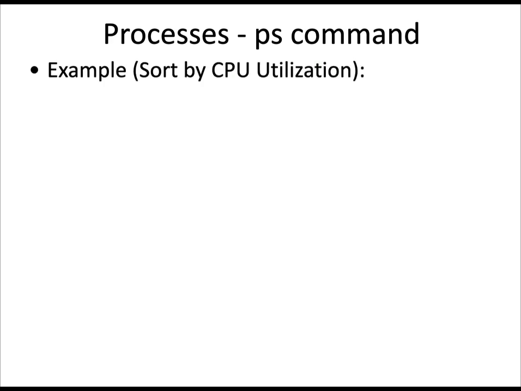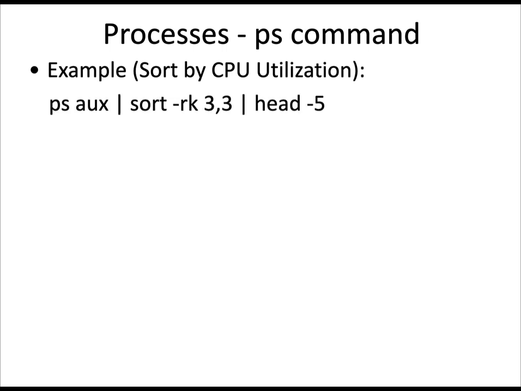Sometimes it could be malicious software running, or you may have a runaway process and your machine is running slow. So you might want to look at things sorted by CPU utilization and then decide if there's a problem or if your machine is just legitimately busy.